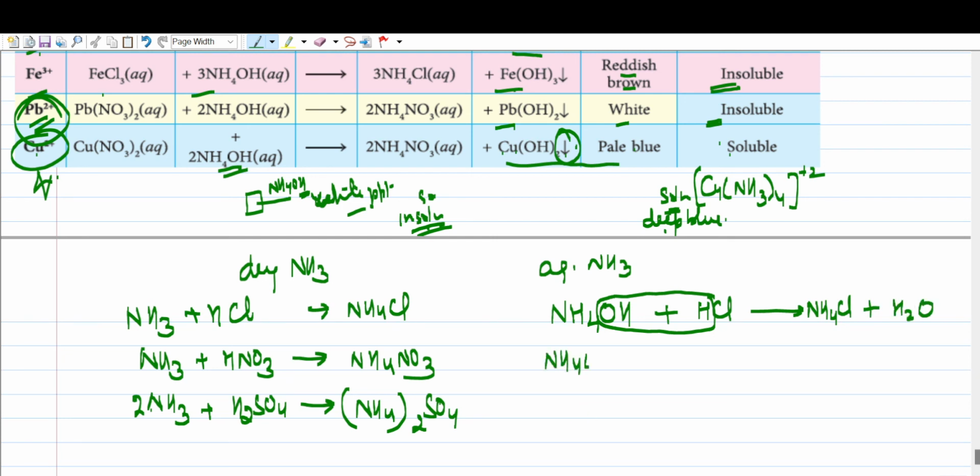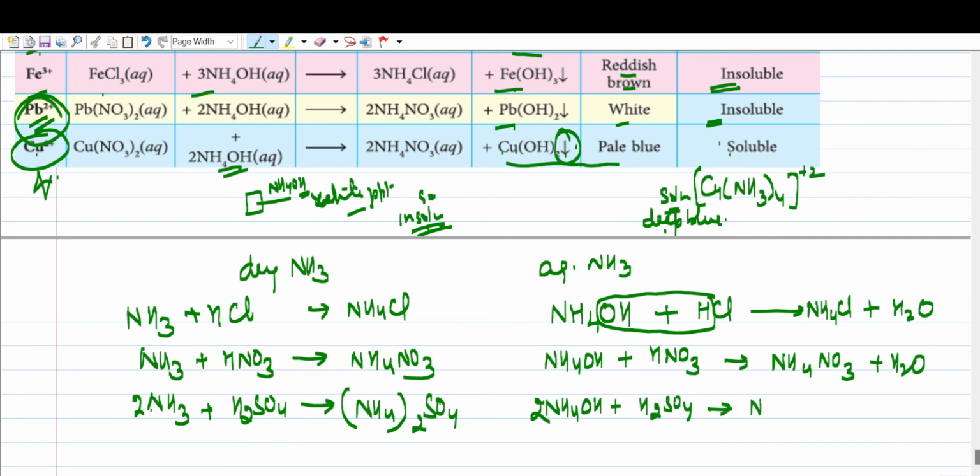Likewise, ammonium hydroxide when combined with nitric acid forms ammonium nitrate and water is also formed. Similarly, when ammonium hydroxide combines with sulfuric acid, two molecules of ammonium hydroxide combine to form ammonium sulfate and you get water. Is this clear, children?